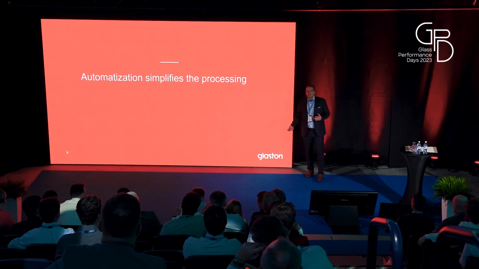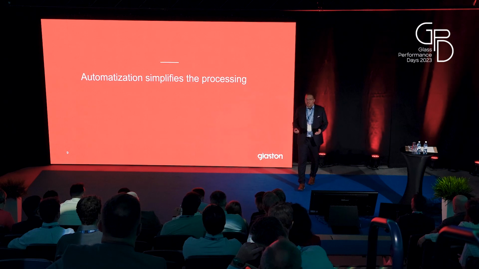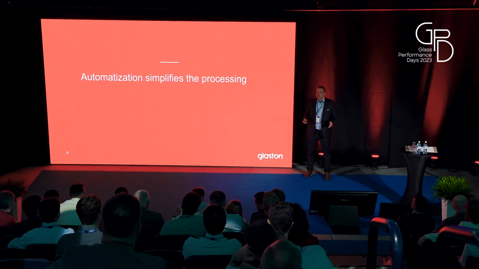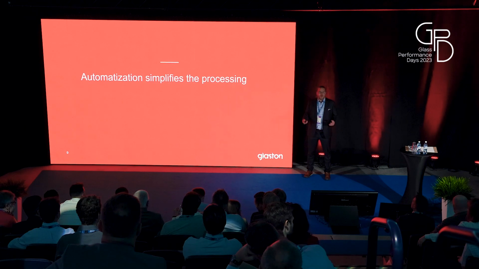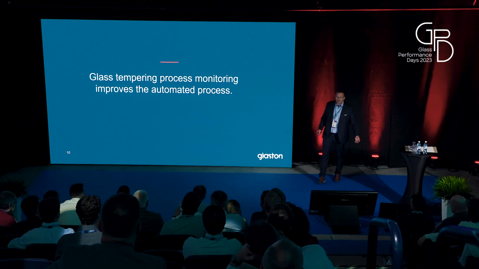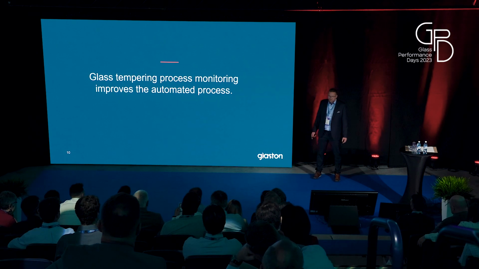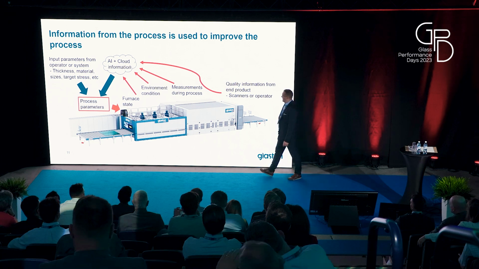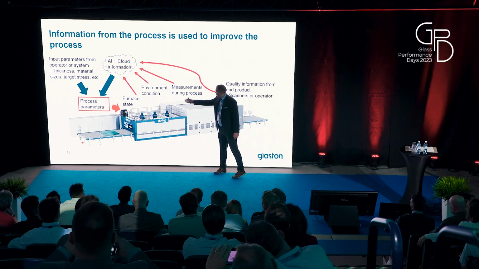But to do all this, so that we can better understand how settings should be defined, we need more information from the process. We need to monitor this whole process to get this automation to work. We have been collecting data from the tempering machine from different points.